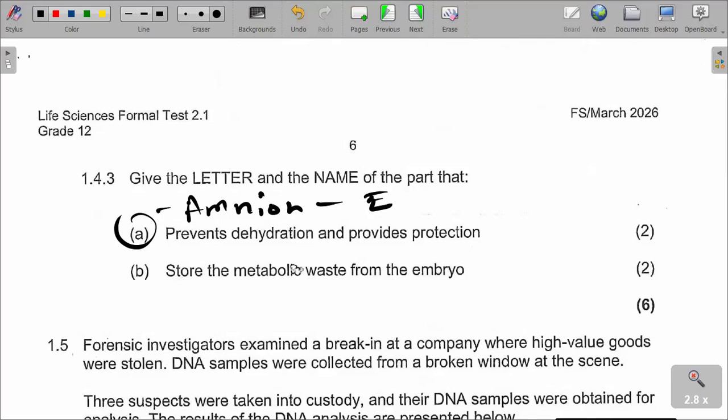And then store the metabolic waste from the embryo. The waste is actually contained, it is actually from the what? It's from the allantois. The allantois is the one that ensures it stores the metabolic waste from the embryo.